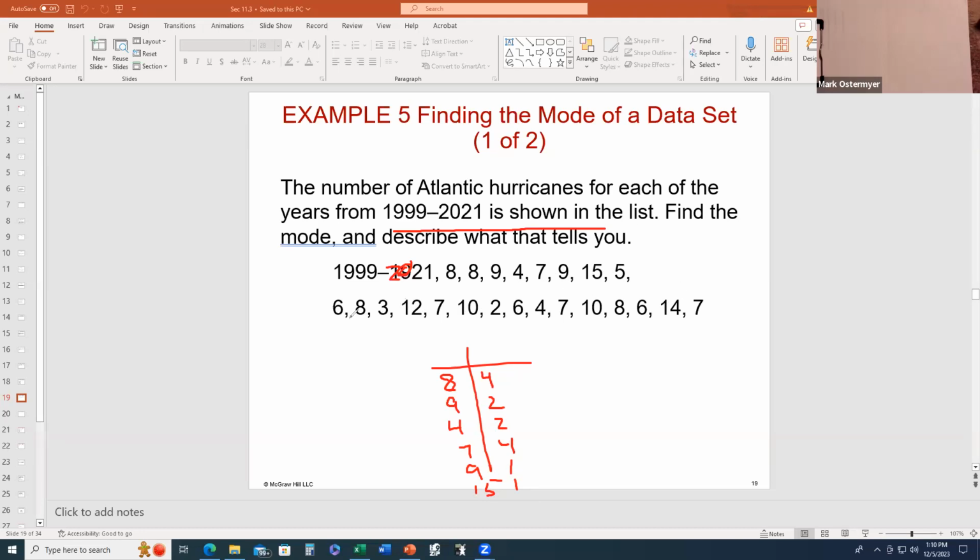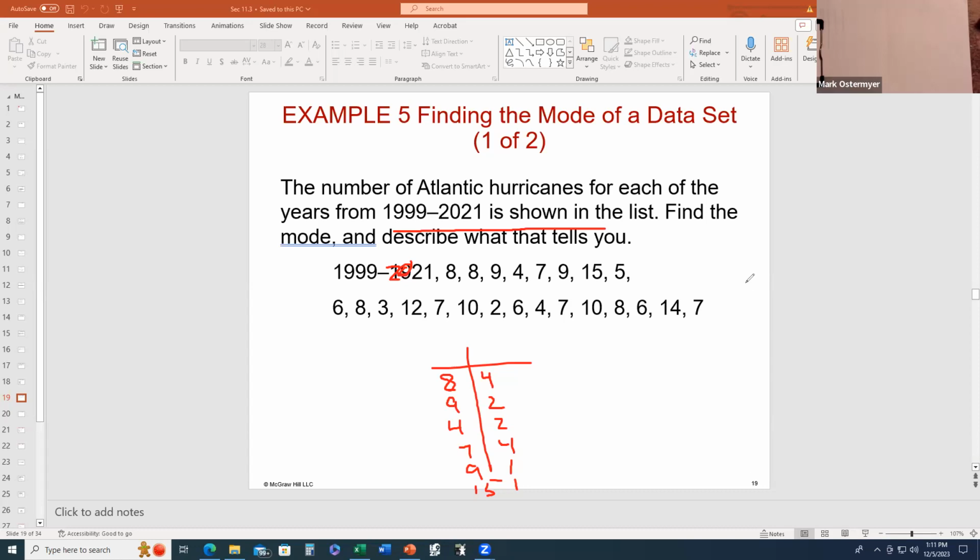How about 6? 1, 2, 3. 6 occurs 3 times. 7 occurs 1, 2, 3, 4 times. 8 occurs 1, 2, 3, 4 times too.